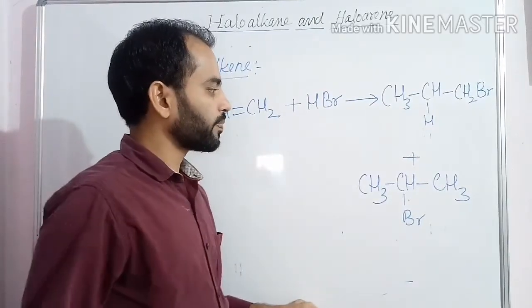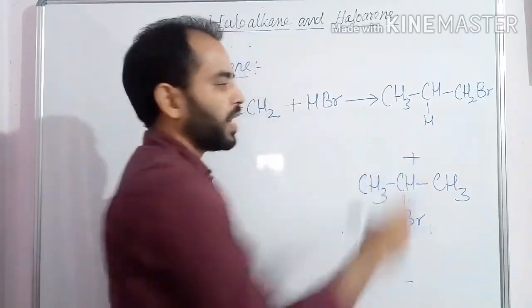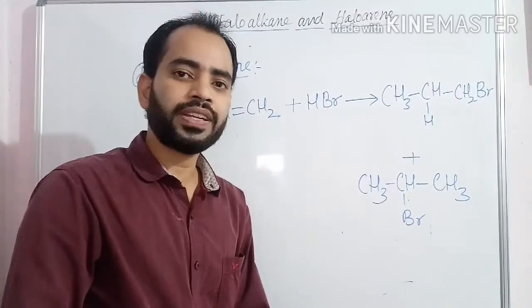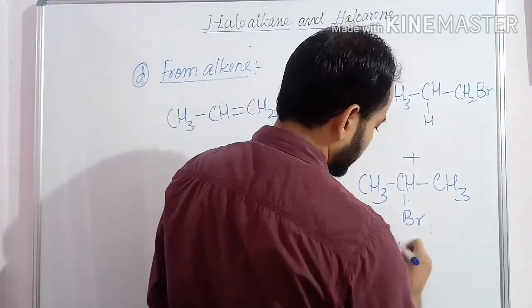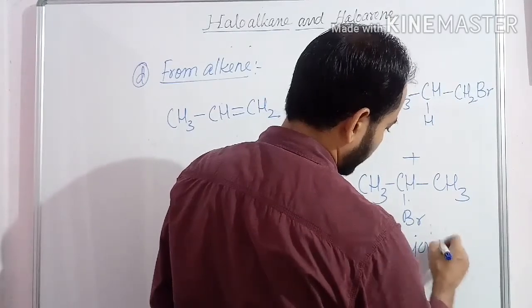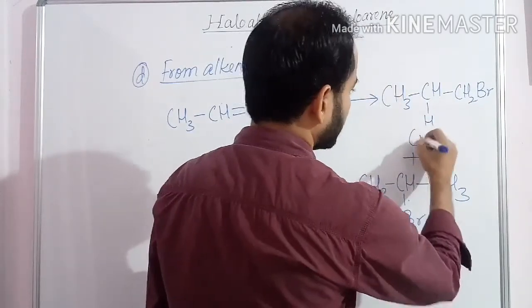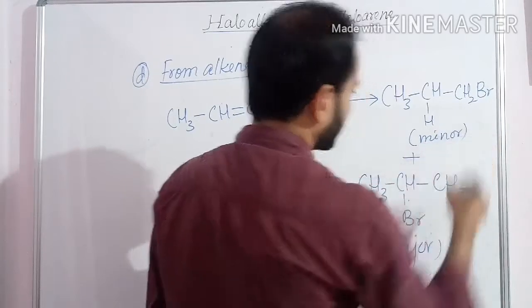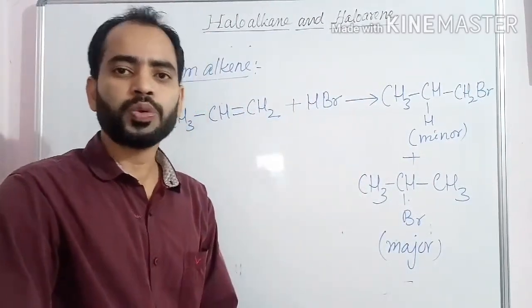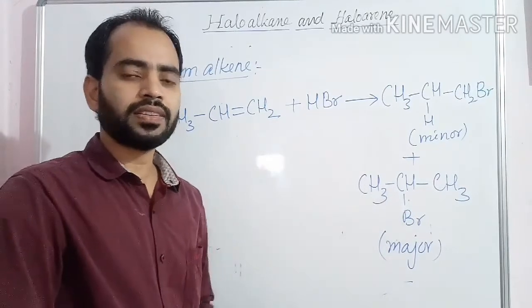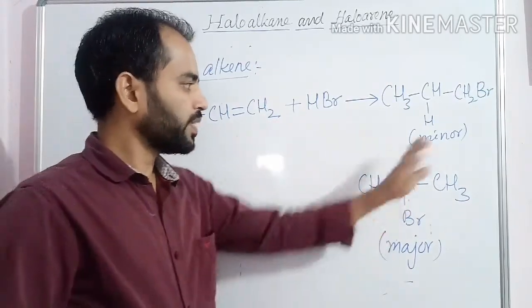Now you see, among these, one is formed in major quantity and another in minor quantity. This one is formed in major quantity and this one in minor quantity, and this is in accordance with Markovnikov's rule. We will discuss this later.